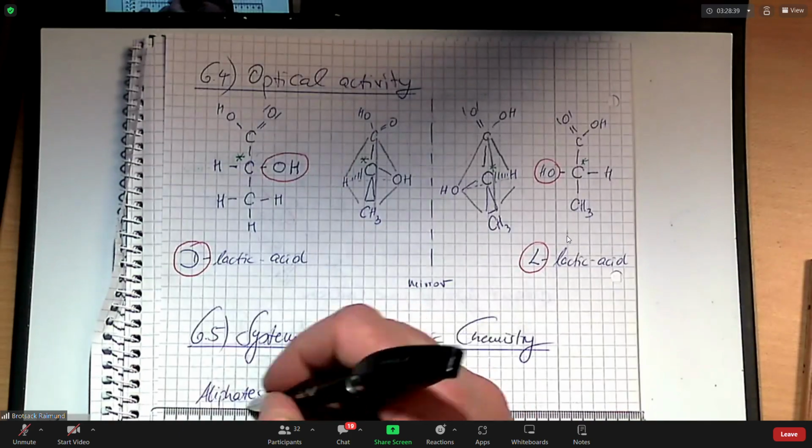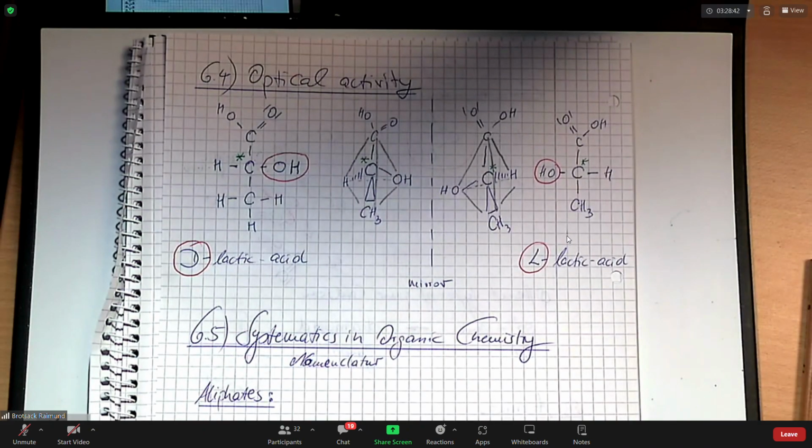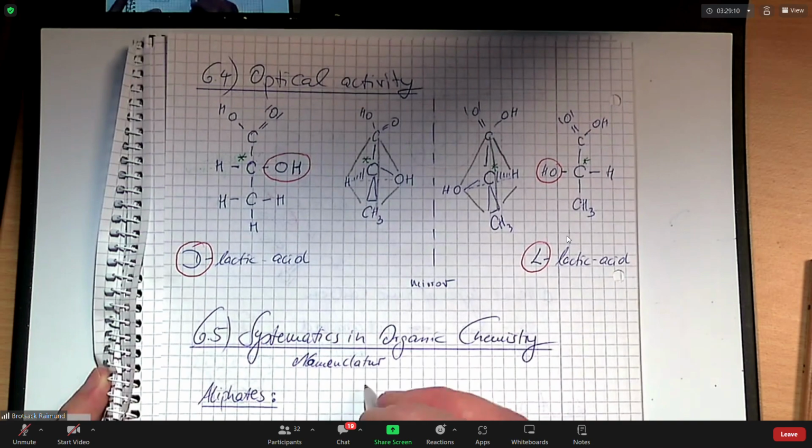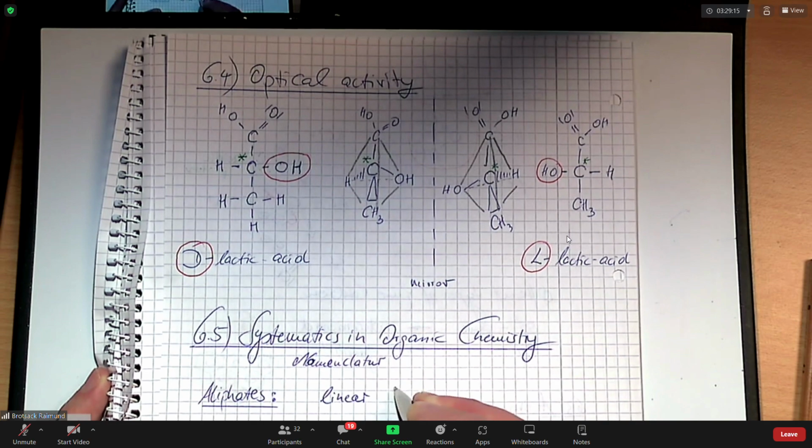Well, what do you already know about aliphates? Aliphates are totally linear or angular carbon chains, sometimes with heteroatoms. So linear hydrocarbons.